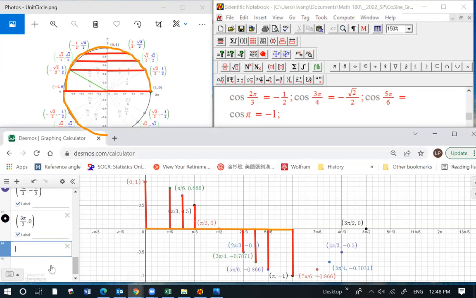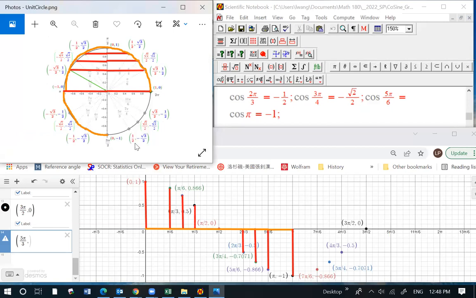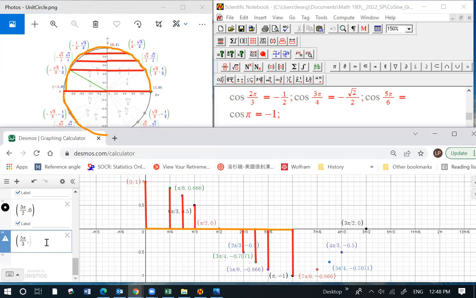So now we have 5 pi over 3. Okay, so that ratio is going to be root 3, it's going to be, 5 pi over 3. That ratio in red number is half. Half, I almost made a mistake, right?